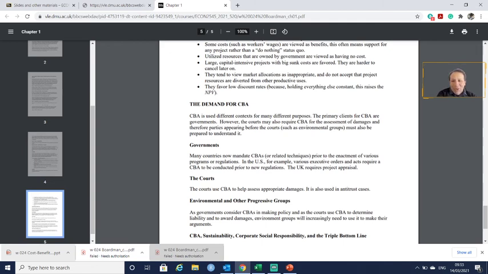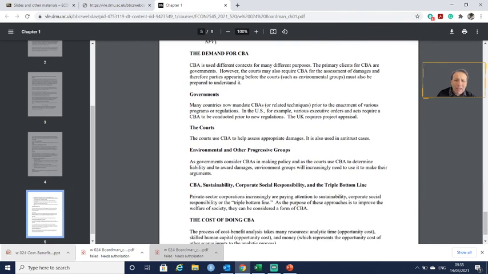Okay, guys, so I think we are coming to the end of this session. Cost benefit analysis is very important because it is used by governments, by the courts, environmental and other progressive groups, CBA, sustainability, corporate social responsibility, and the triple bottom line as well.